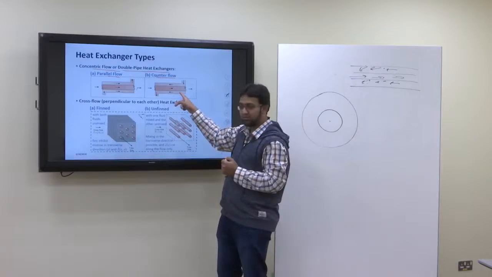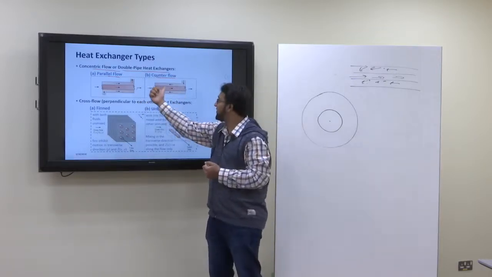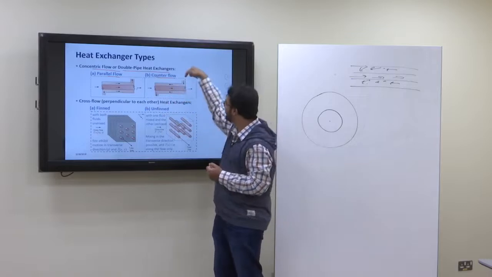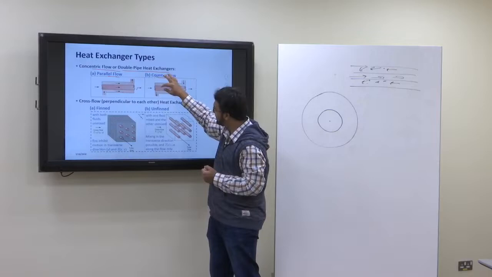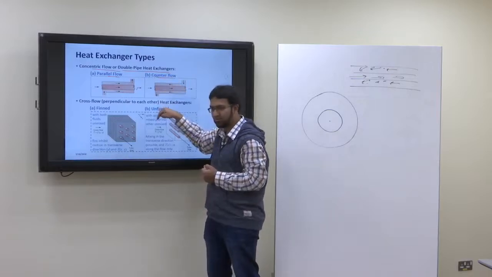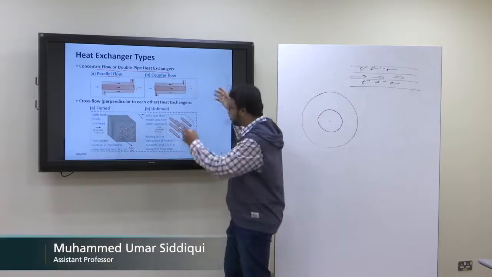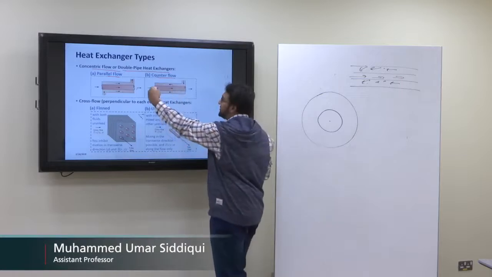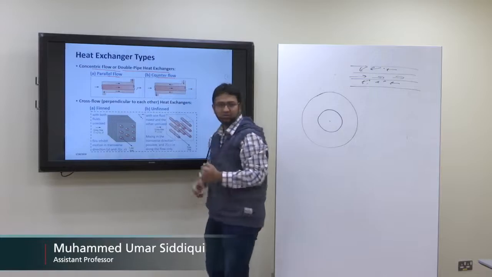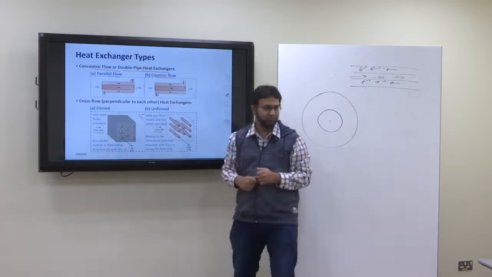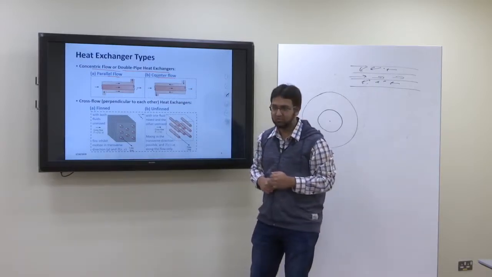In this one, the inner fluid is moving in this direction, and the outer fluid enters from the top, passes through the annular region, then goes down. So basically, in the main body of the heat exchanger, one fluid is moving in this direction, the other fluid in this direction. So this is a counterflow heat exchanger.